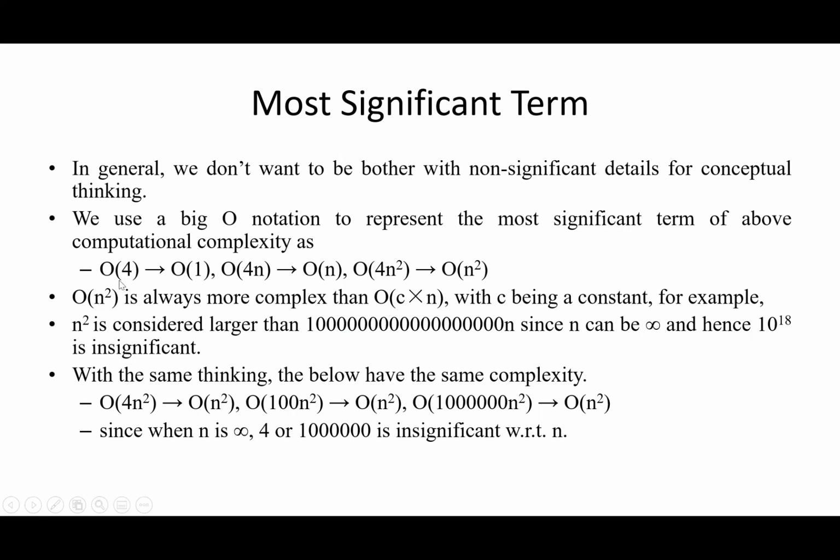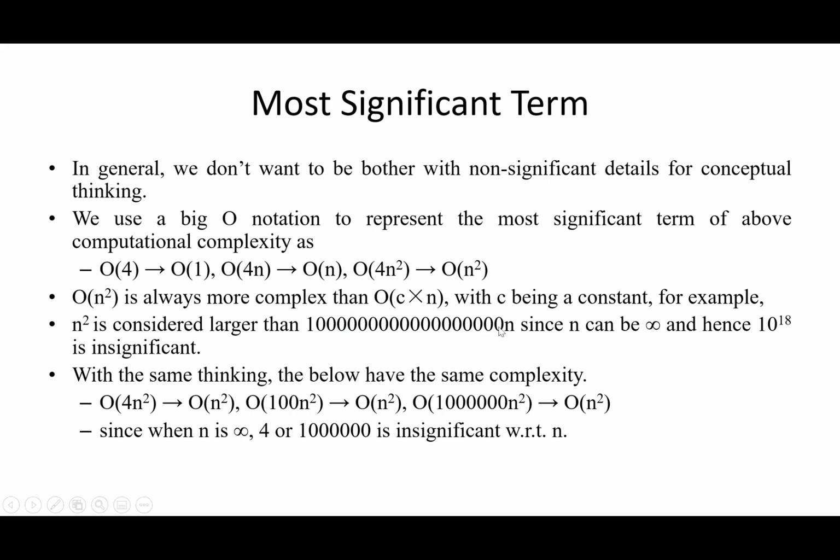For example, if you get order of 4, like just now the C, you change it to order of 1. We put order of 1, which means it's constant. If you get order of 4n, you put n only, and you don't put 4n power 2, you just put n power 2. Because order of n power 2 is always more complex than Cn, if your C is a constant. For example, n power 2 is larger compared to, I don't know how many zeros here, multiplied by n, because n can be infinity also.